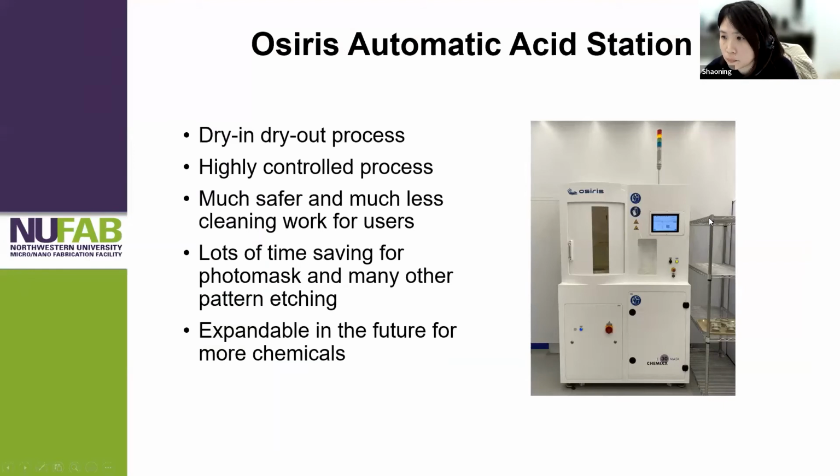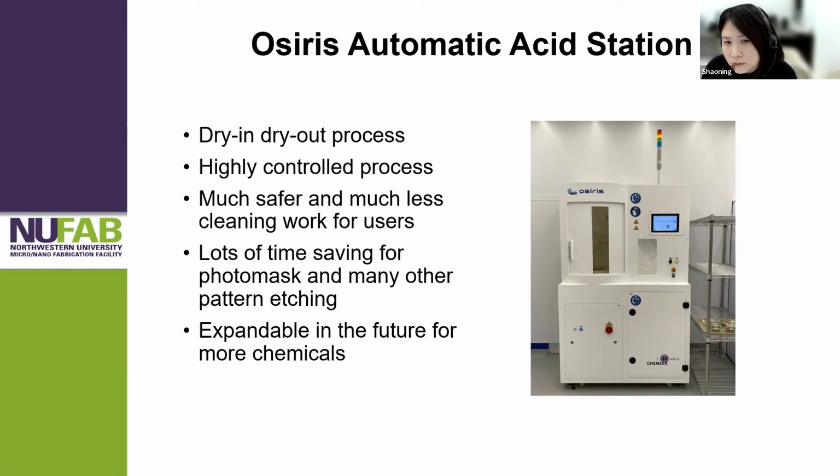Okay. Yeah. So for most of the work, after lithography in the yellow room, the users will bring their pattern to either dry etchers or acid etchers. So this is what we proposed about a year ago. This is the automatic acid etching station.